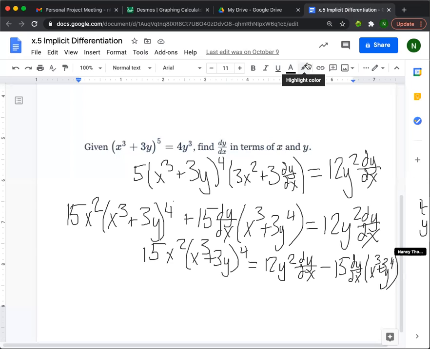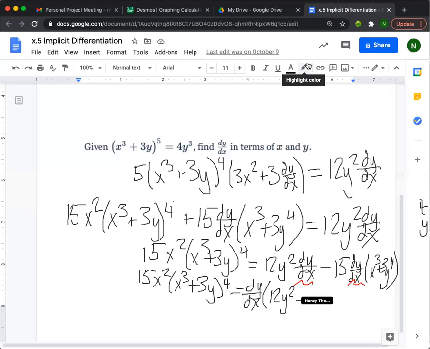Okay, so from here, I can still continue to factor out the dy/dx. So now I am left with 15x squared times (x cubed plus 3y) raised to the 4th power is equal to dy/dx times 12y squared minus 15 times the quantity of (x cubed plus 3y) to the fourth.